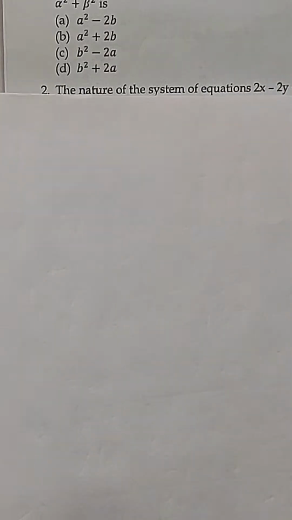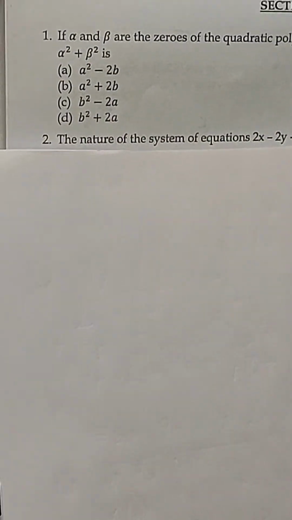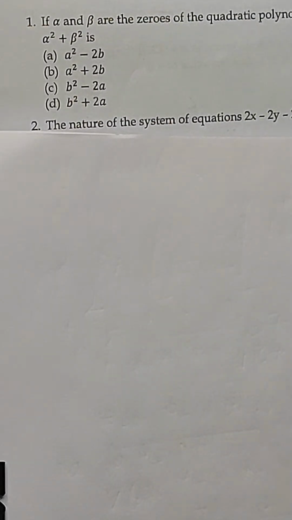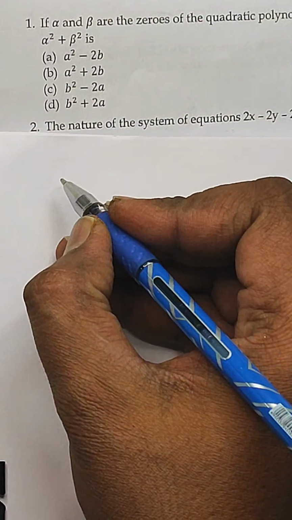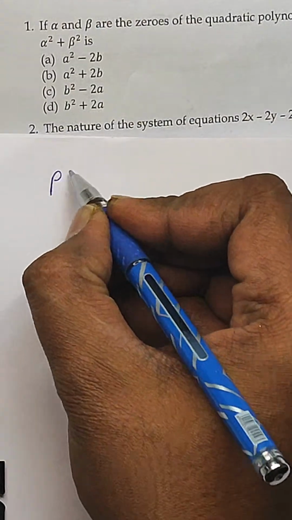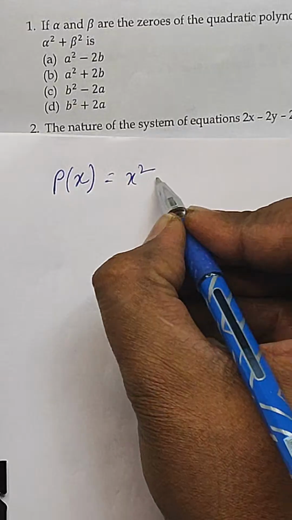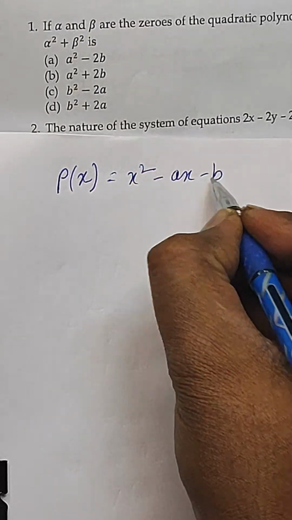So these are the questions in section A for 1 mark each. Okay, it is a 1 mark question, and taking the first question, if alpha and beta are the zeros of the quadratic polynomial p of x is equal to x square minus ax minus b.